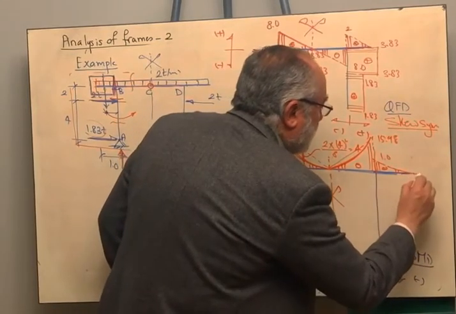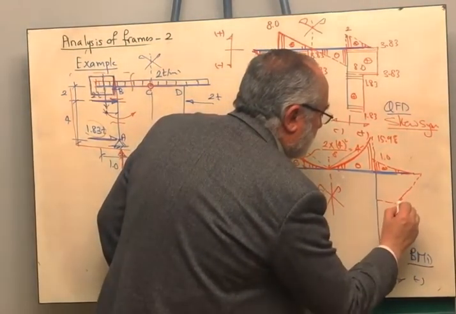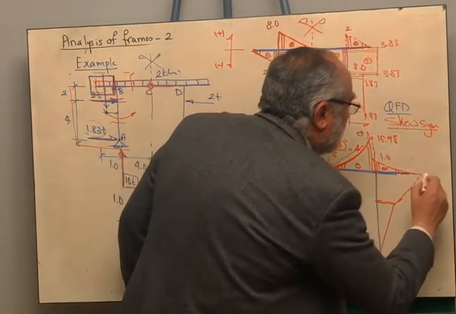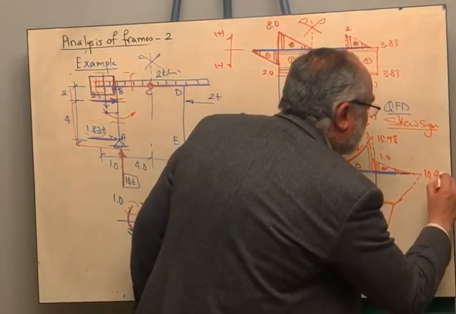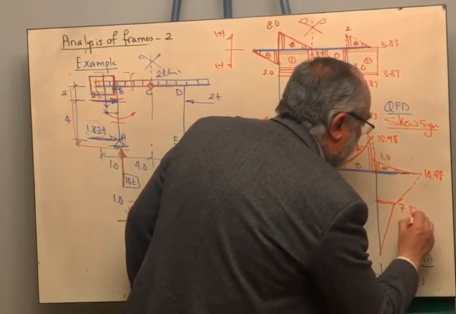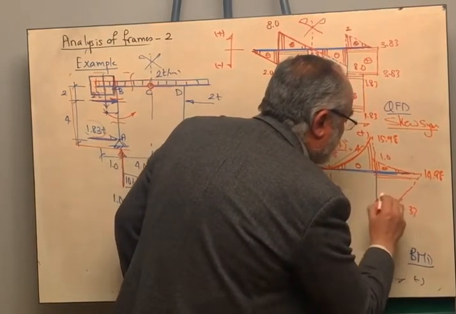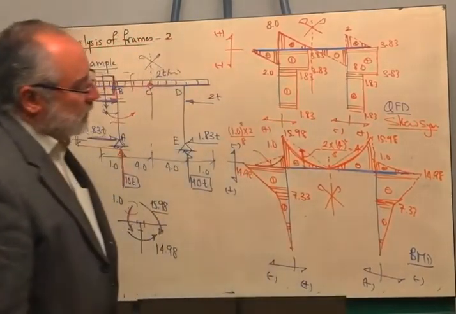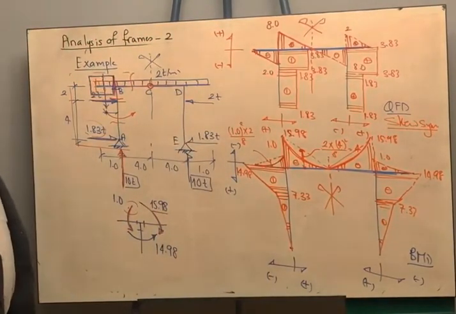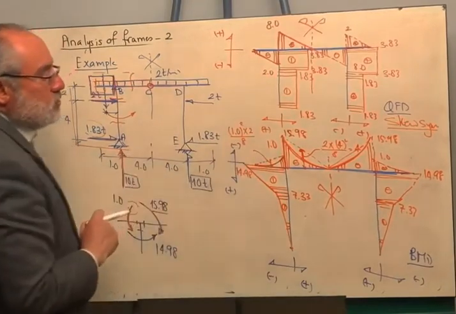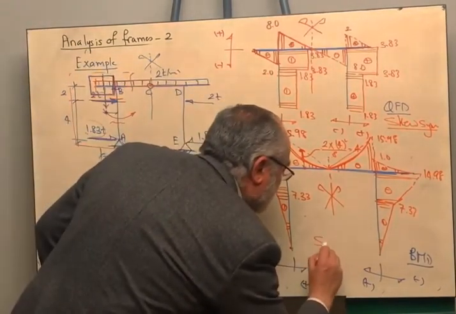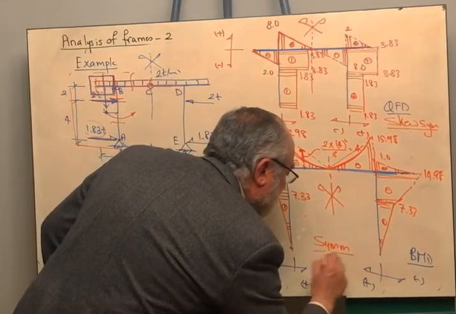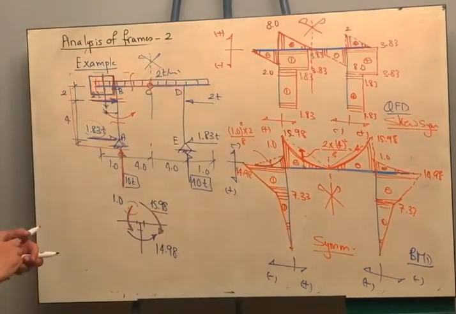And here we have 14.98, and here 7.33, and this part is negative, and this part is negative. So the bending moment is symmetric, and the shear force is skew-symmetric, because the loads and the geometry are both symmetric.